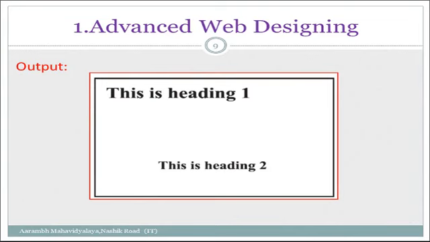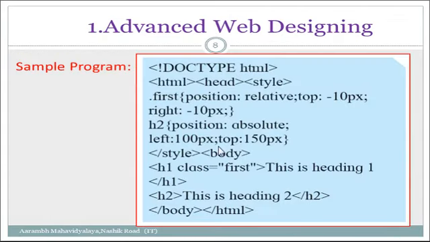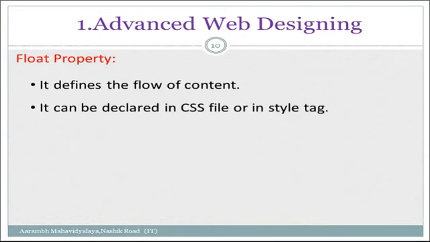But for the heading 2, that is H2, we used left as 100 pixel and top as 150 pixel with absolute positioning. Therefore here it will have the distance as left as 100 pixel and top as 150 pixel, and it is the absolute positioning, that means it will take that position specifically. This is all about the positioning.